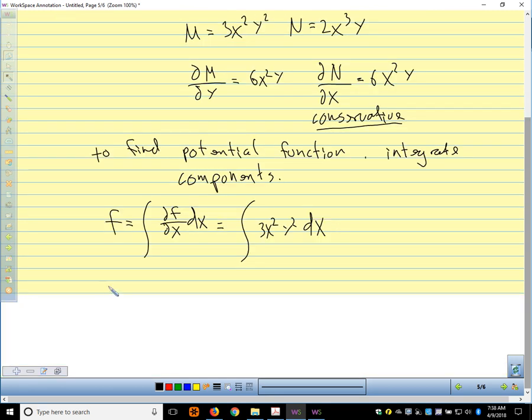And f has to equal the integral of the partial of f with respect to y dy. So we're going to integrate the components with respect to their respective variables. And that's got to equal the integral of 2x cubed y dy.